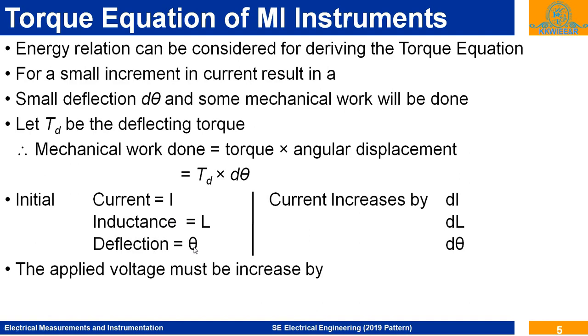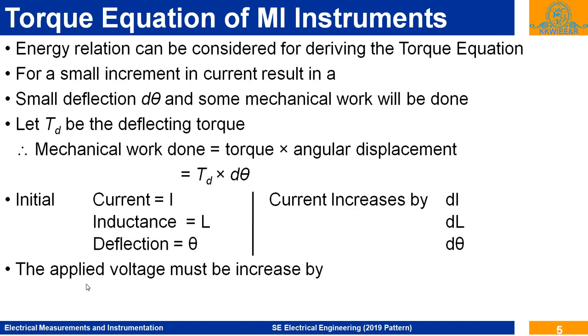Now this current is increased by a small quantity di, and with this change di there is a deflection d theta, and because of this angular movement, this iron piece will move inside the magnetic field, and because of that there is a change in the inductance dL. So with this increment in the current, there is a deflection and a change in the inductance.